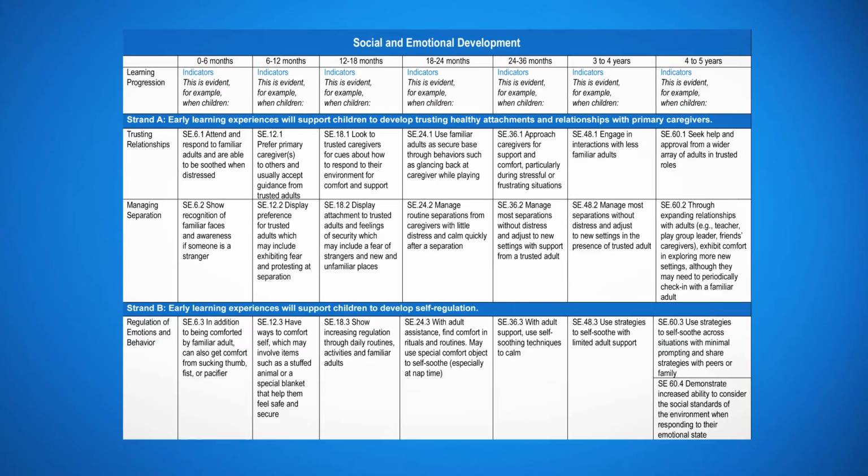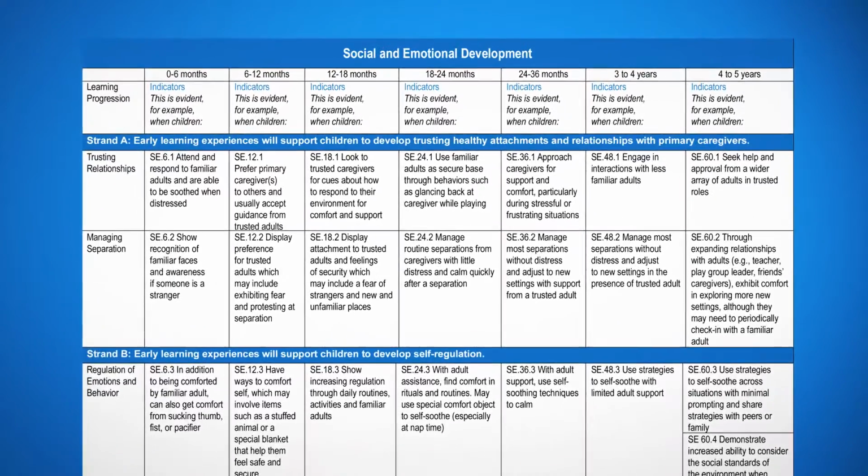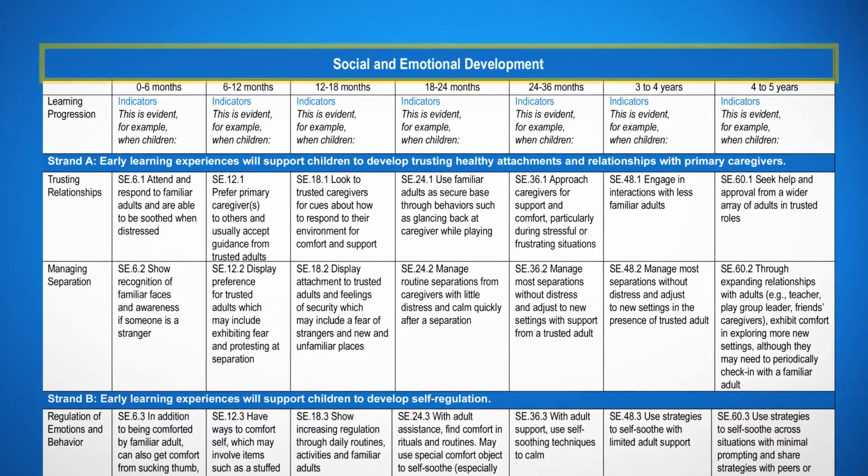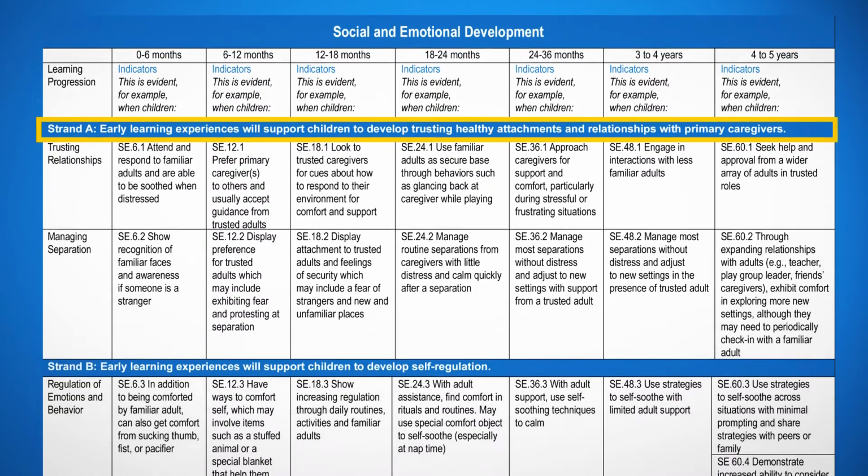You will see here that each domain is set up with the following: a domain, a general area of growth and learning. This includes commonly known developmental domains, but also includes some learning or content areas, such as mathematics. Here it is seen as social and emotional development.